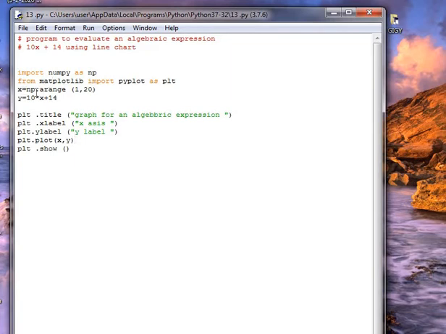In the x-axis, np.arange. In that arange function, start value 1 and stop value 20. Obviously the step value is equal to 1. The equation 10x plus 14 in the y-axis. Title, graph for an algebraic expression, x label, y label, and plot x comma y.